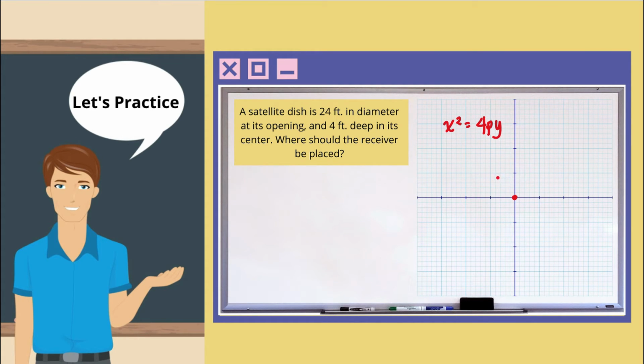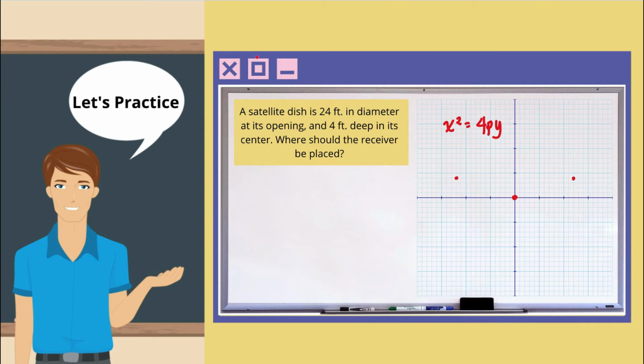Analyzing further our given, we can illustrate them using the coordinates (-12, 4) and (12, 4).